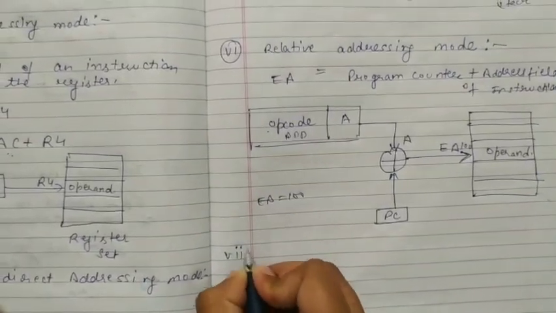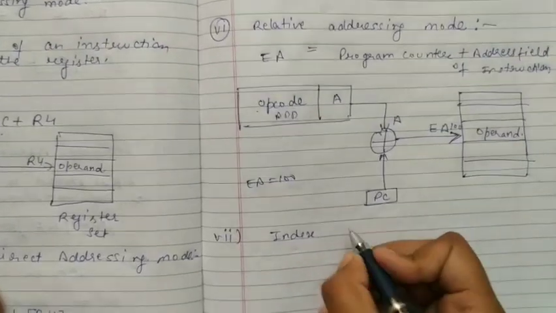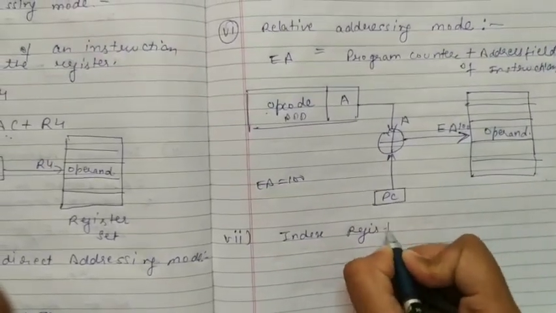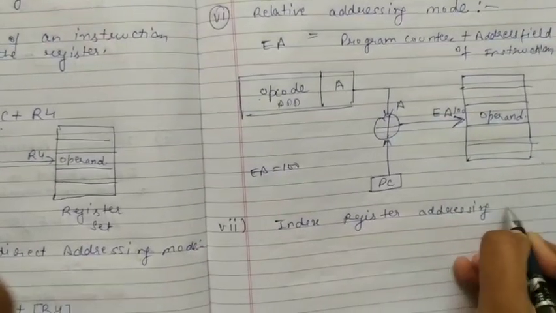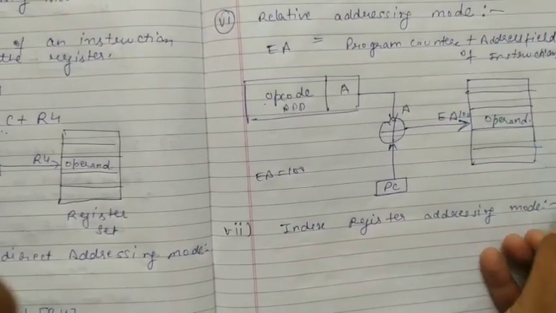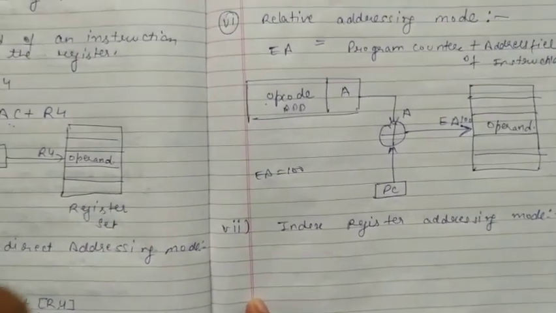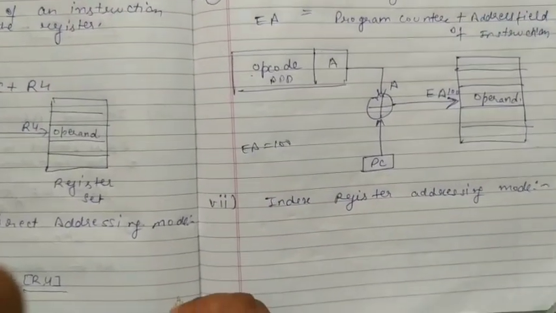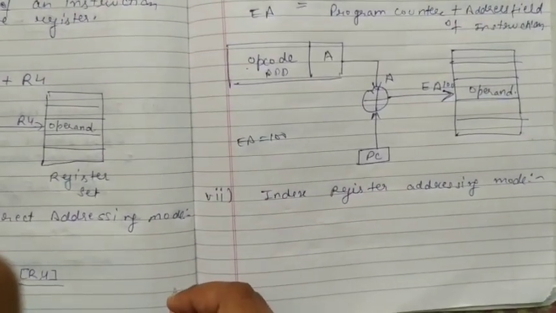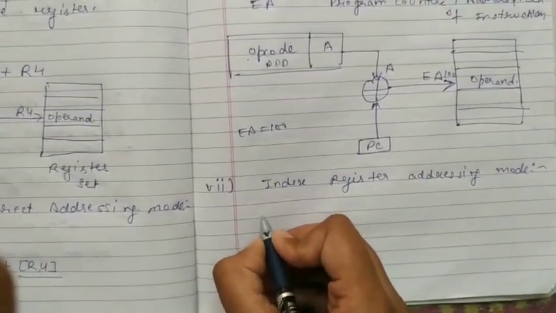So next one is the index register addressing mode. In the index register addressing mode, the content of the index register will be added to the address field of the instruction. How can it be represented?